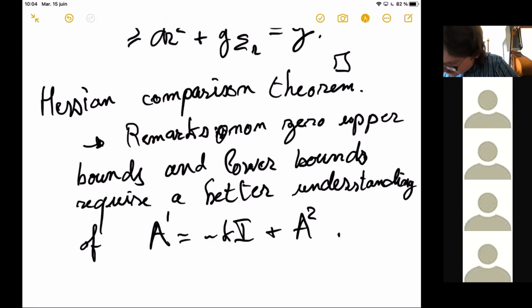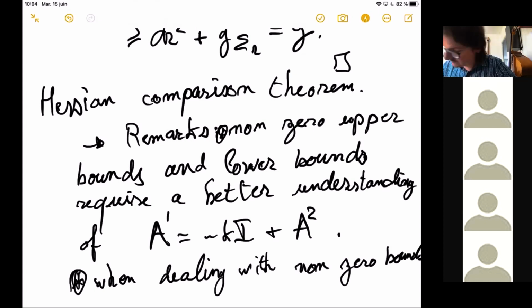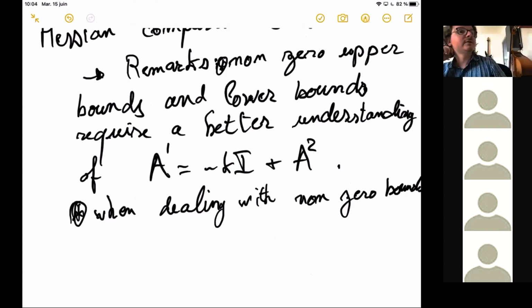And another remark is that when dealing with non-zero bound, it's still maybe a good idea to work with 1 over r squared than with r, but you can do even better.